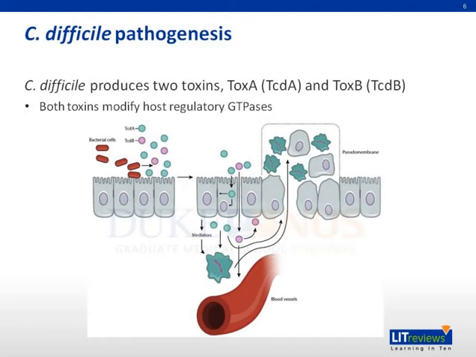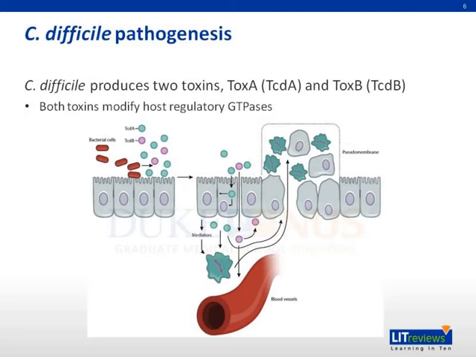So the pathogenesis of Clostridium difficile is the result of two proteins, Tox-A and Tox-B, which are produced by certain pathogenic strains of C. diff. And these proteins are produced in large quantities when you have disruption of the normal gut flora and expansion of the C. diff population. So these proteins are able to disrupt the tight junctions between intestinal epithelial cells, which you're seeing in the center of the figure.